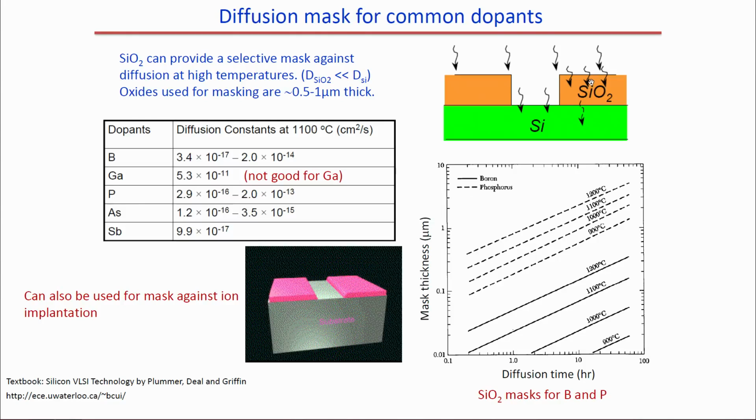Thus, this silicon dioxide will act as a mask when we are doping the silicon, and this doping can be done either using ion implantation or diffusion, as we have seen, and the most common dopants are boron and phosphorus.